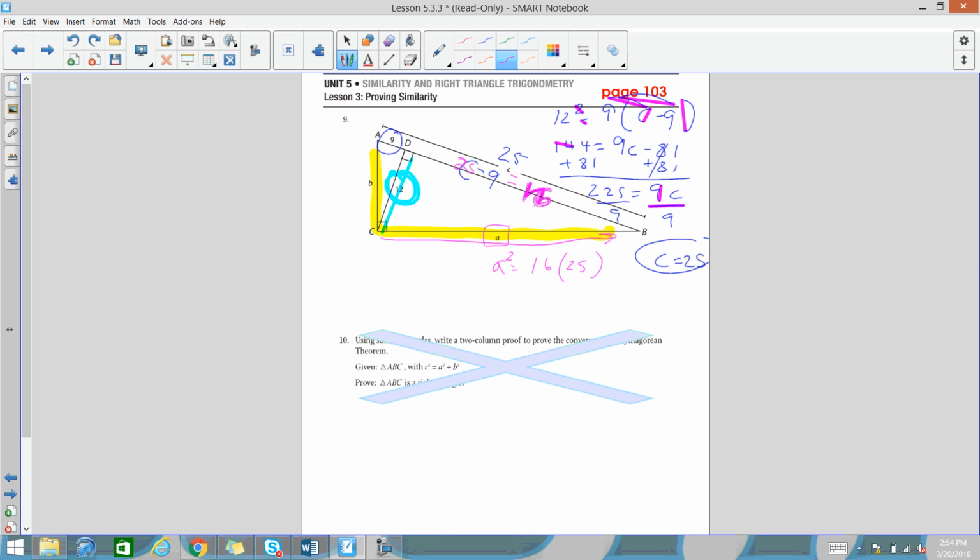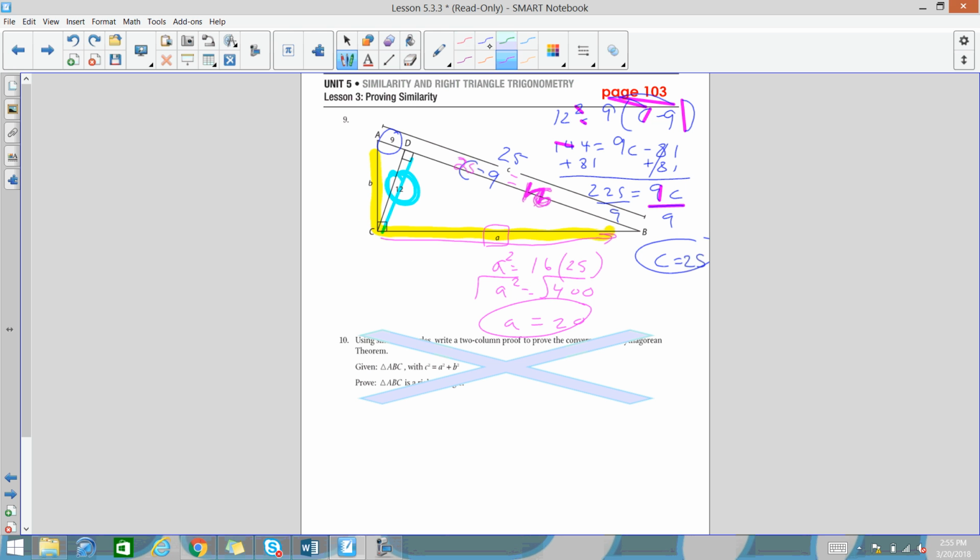Now check this out. I have two numbers that are perfect squares being multiplied, so my answer should come out to be a perfect square. So A squared equals 16 times 25 is 400, and 400 is a perfect square, which will give you A equaling 20.